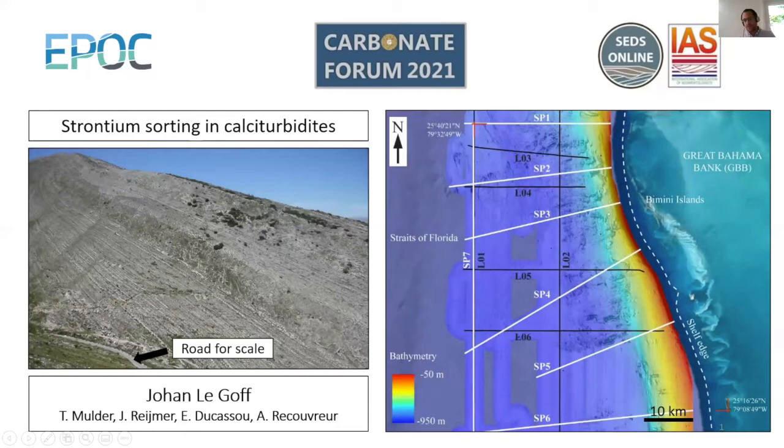On the right-hand side, you have a modern example in the Bahamas with a deep sea survey, and as you can see, some escarpment in the upper slope. So those are two examples of slope systems, modern and ancient, and the subject of my talk today is focused on the strontium sorting in calciturbidites.